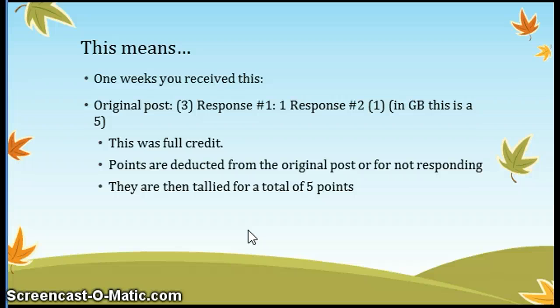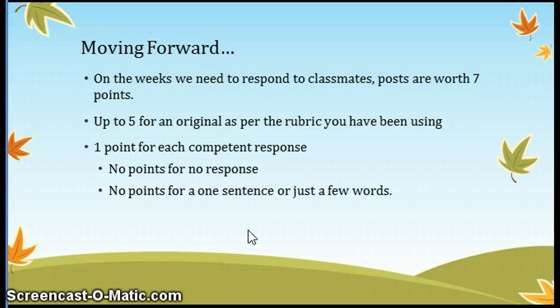So this is what we're going to do. Since I have now everybody focused on that one rubric that I provided in the syllabus, we're going to go with the rubric that is there. So on weeks like this week, where you just need to post an original post and you're not required to respond to classmates, this week will be worth 5 points.